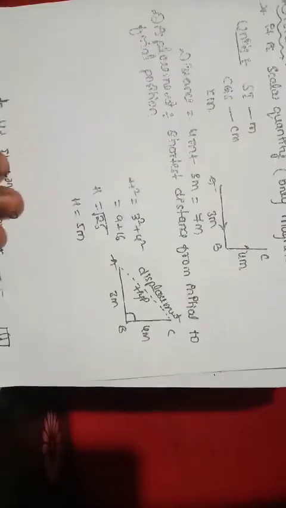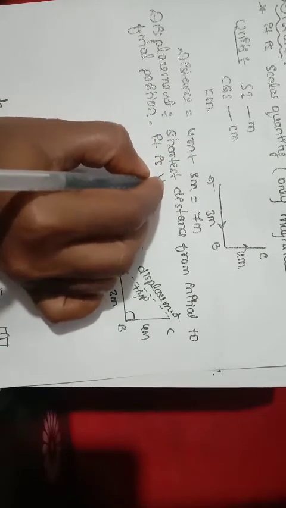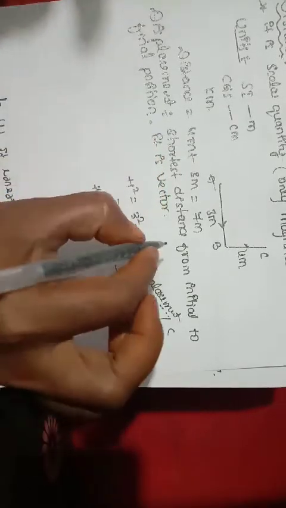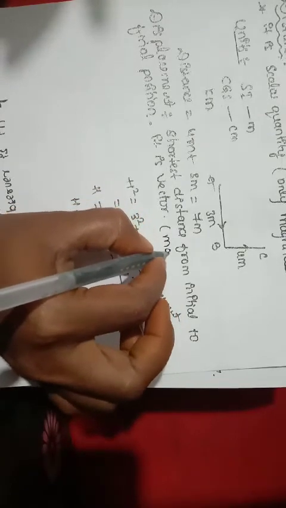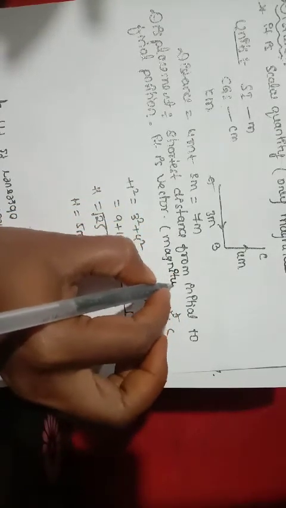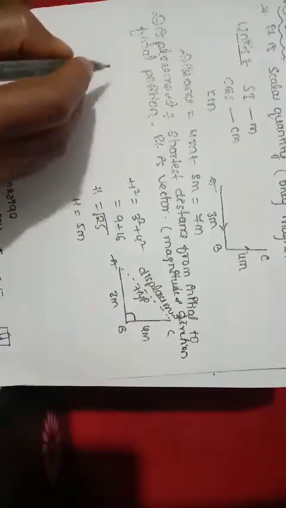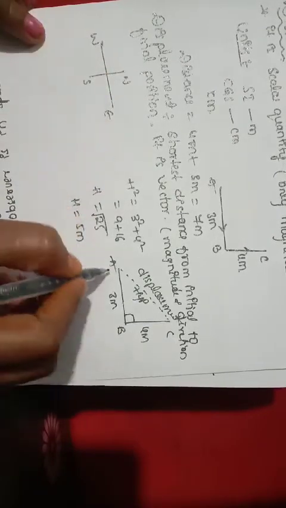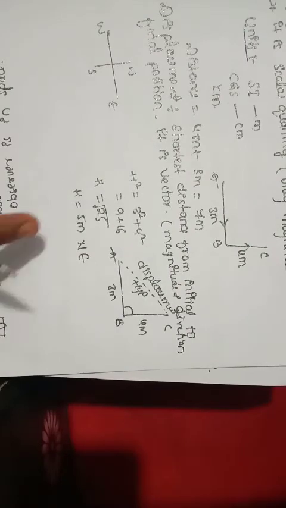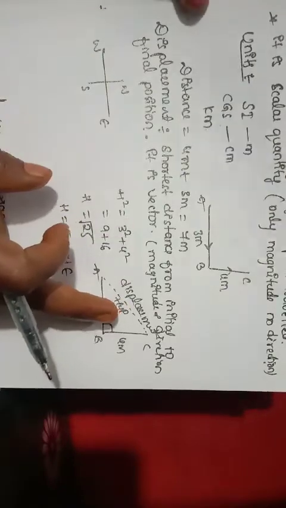Displacement is a vector quantity, meaning we need both magnitude and direction. Here, north, south, east, west: which direction is the boy moving? He is moving northeast. So 5 meters northeast is the complete answer for the displacement of this boy's path.